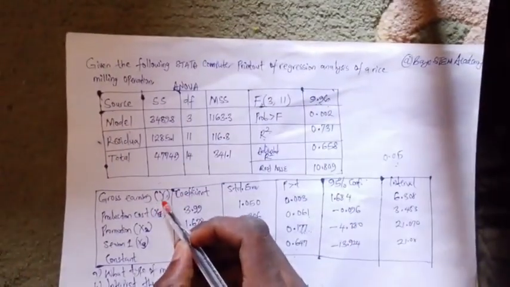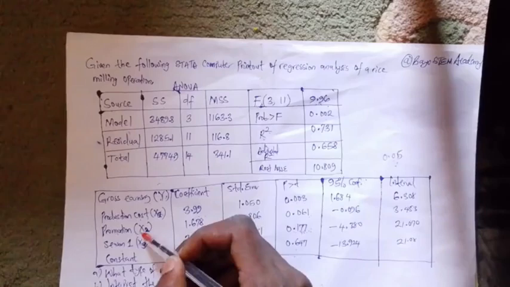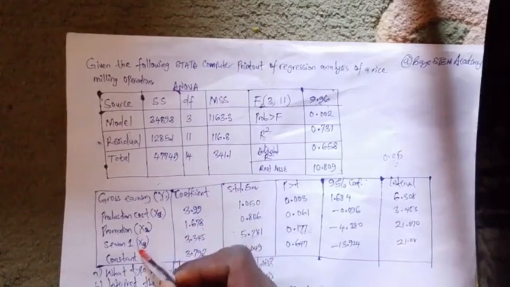And why is it a multiple linear regression model? Because we have one dependent variable, which is gross earning, and many independent variables such as production cost, promotion cost, and season, which is a dummy variable.